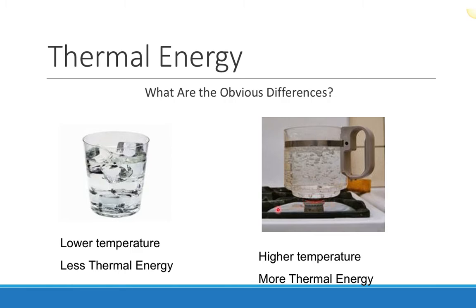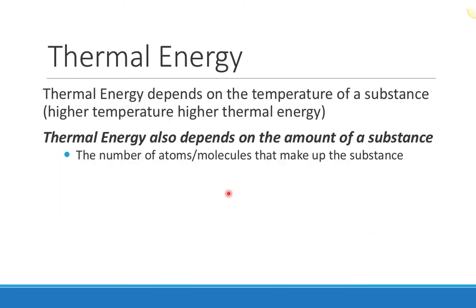If the thermal energy is related to the sum of all the kinetic energy and potential energy inside with these molecules, then the ice water would have less thermal energy because those molecules are not moving as fast as in the boiling water. So that's one of the obvious differences between those two things: temperature difference, but also different amounts of thermal energy.